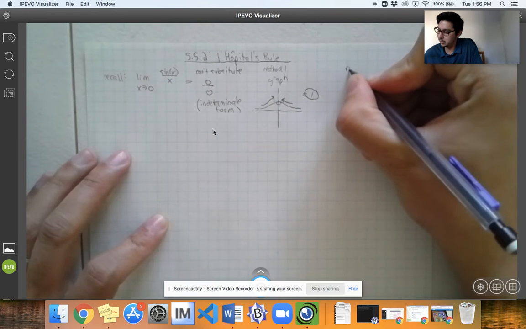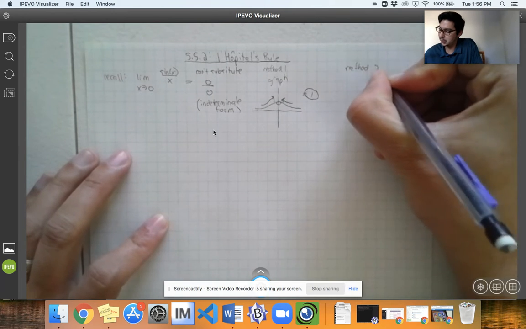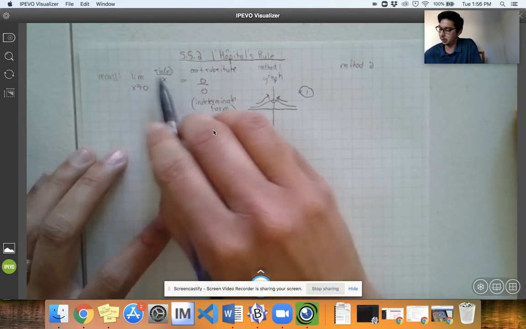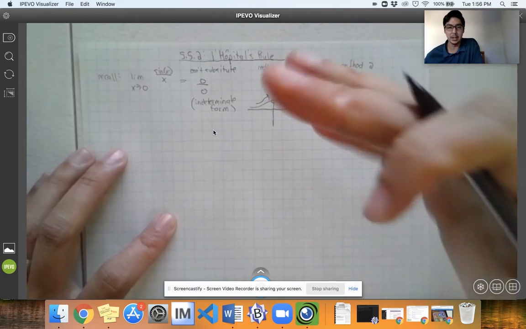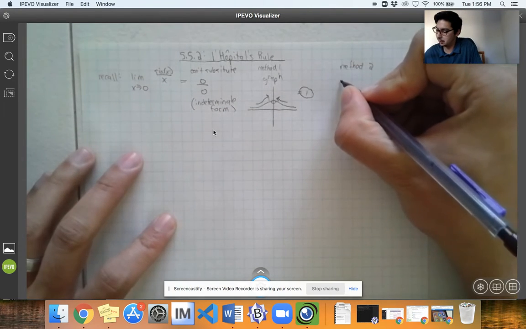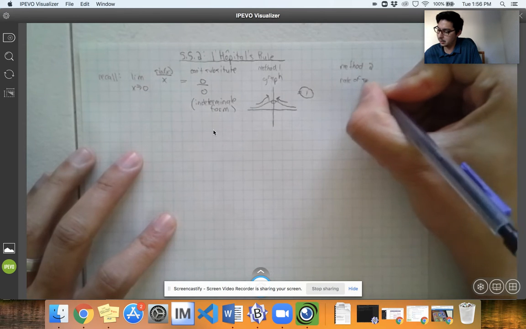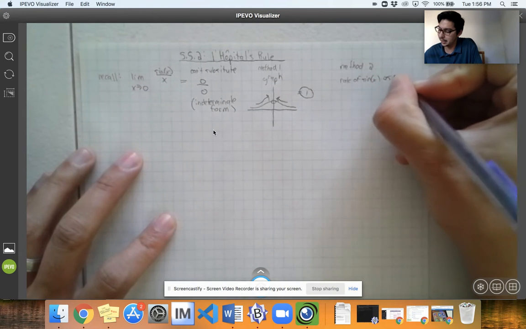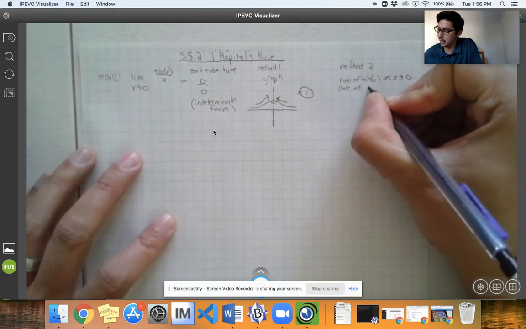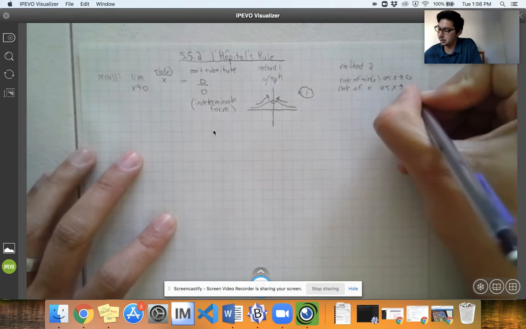Then we looked at it through a second method, an observation, where we looked at this original limit as breaking up the numerator and the denominator into rates. What's the rate of sine of x as x approaches 0? And we compared that to the rate of x as x approaches 0.